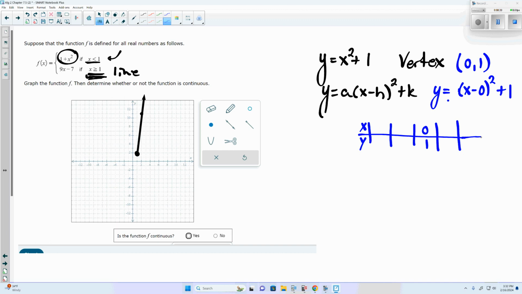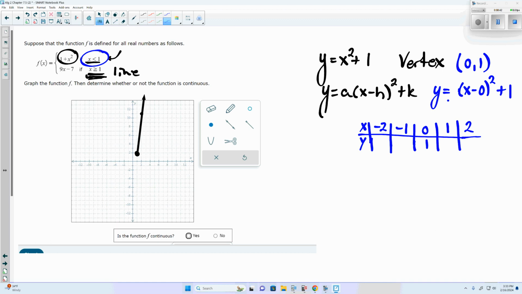And we need 3 or 4 other points. And conventionally, we'd pick 2 points to the left, 2 points to the right. Now, the 2 points to the right are going to mean nothing in the overall problem because, again, for this here, x is less than 1.